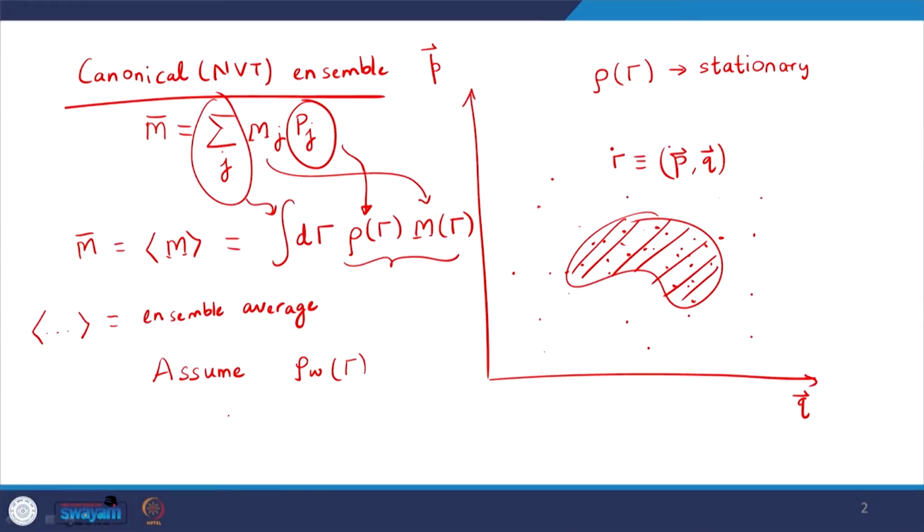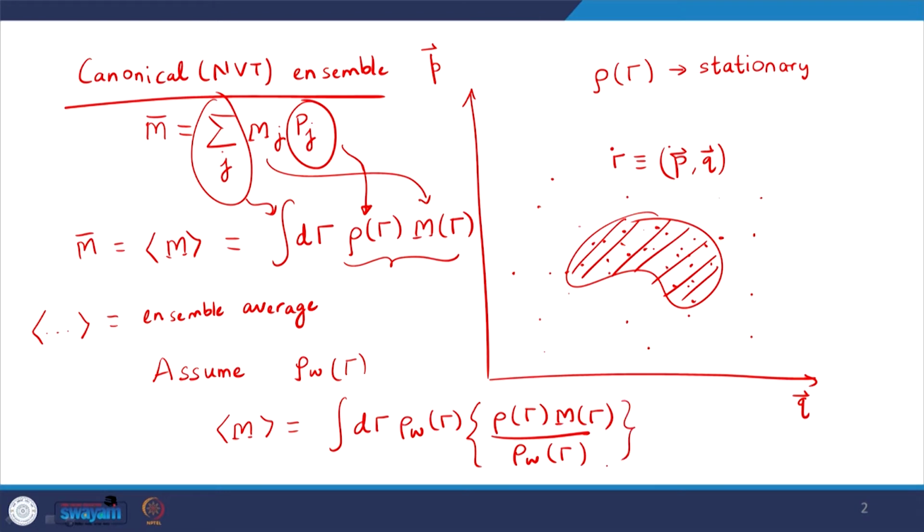Then I will compute M as the integral of d gamma rho_w(gamma) times rho(gamma) M(gamma) divided by rho_w. Effectively, what we would be doing in that case is generating points with this distribution.